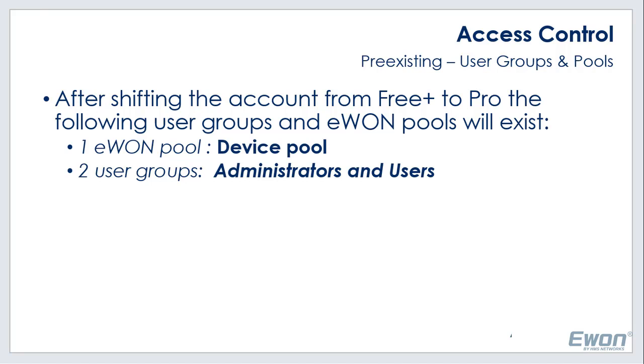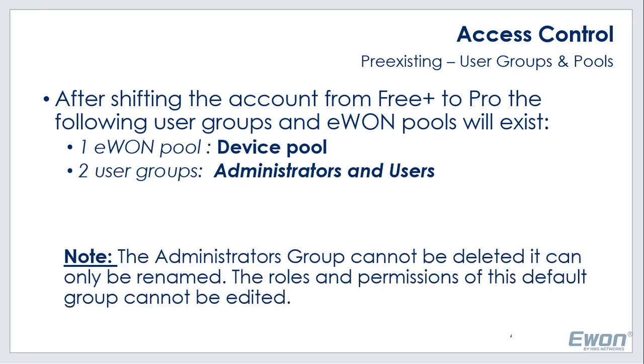This group has all roles and permissions. Users who had user-level rights on the Talk2M Free Plus account become members of the user group called users. Members of this group can connect to E1s in the devices E1 pool through both eCatcher and M2Web, and they are given the operational roles of mail sender and SMS sender.